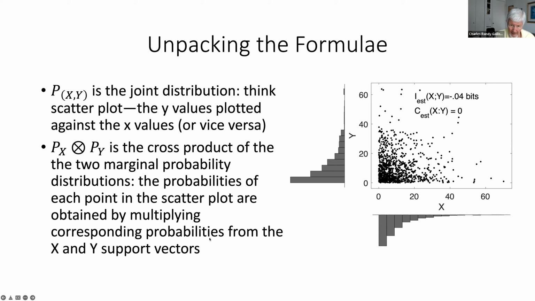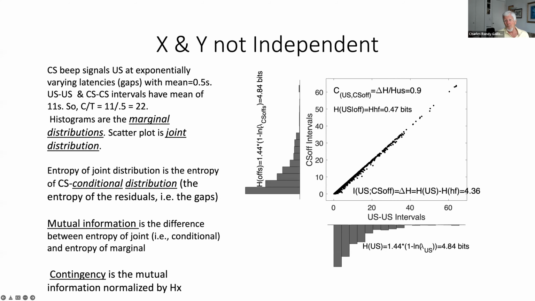I hope this becomes even clearer when we look now at when they're not independent. So how did I generate these artificial data? Well, I imagine a kind of trace conditioning experiment in which there's a beep every now and then.